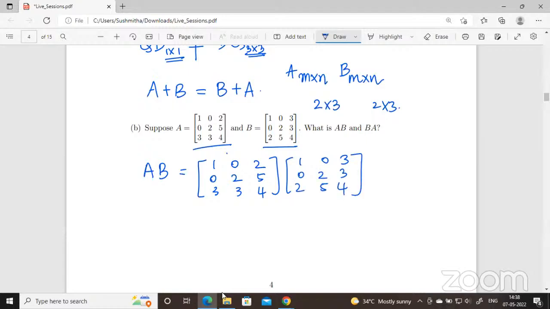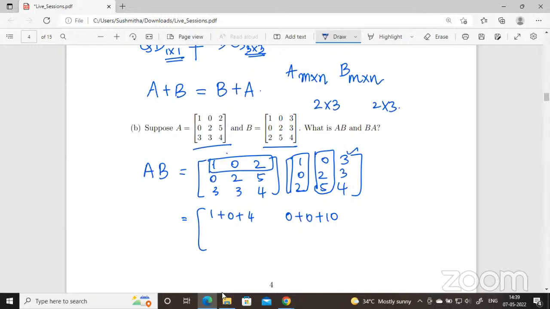The first row of A will be multiplied by the first column of B. So you will do 1 into 1 plus 0 into 0 plus 1 into 2, which gives 3. Then the next entry is 1 into 0 plus 1 into 0 plus 0 into 2 plus 0, which gives 8.